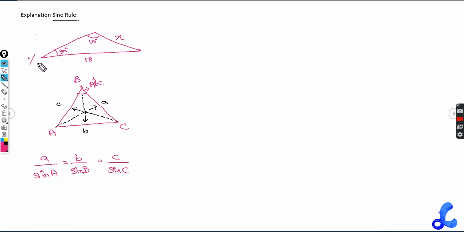Let's call this big X, let's call this Y, and let's call this Z. Small x you have to find out, small z we also have to find out, and small y is given to you, right? So how will we work this out? Let's use our formula: x over sine X equals y over sine Y. Let's use only these two terms for now, because first we're finding x out.